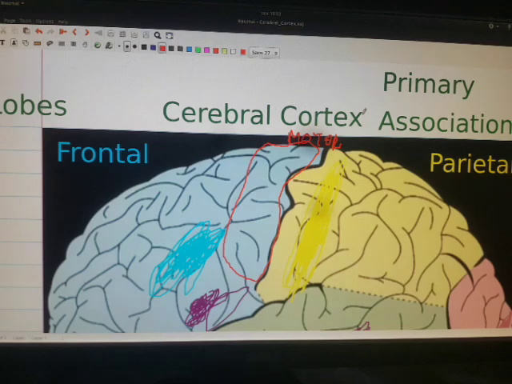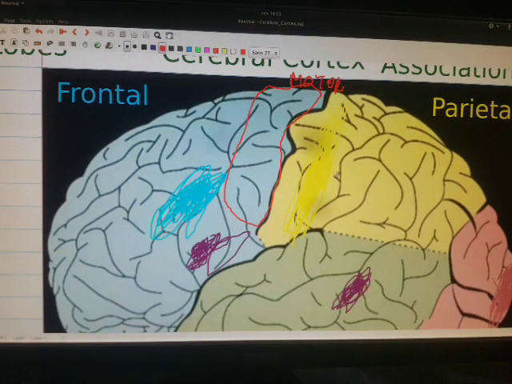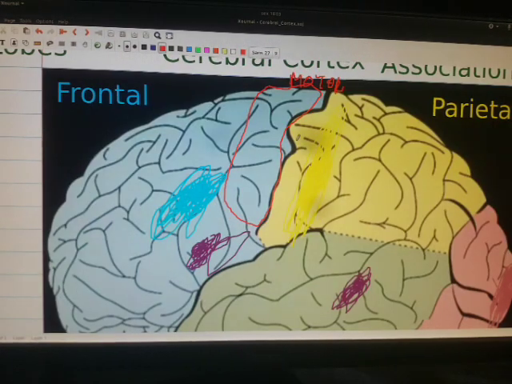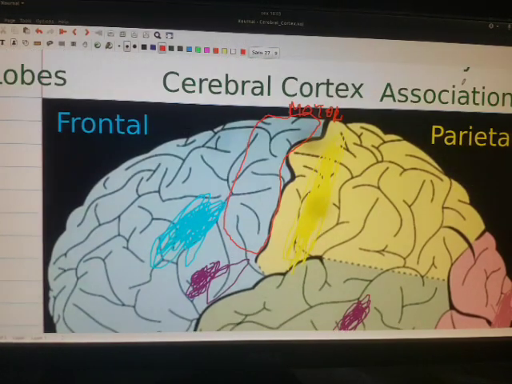And on the cerebral cortex, there are two types of neurons: the primary ones and the association ones. The primary will do the basic things, like moving an arm, and the association will do more complex things. So for example, I have to plan which movements I'm going to do.